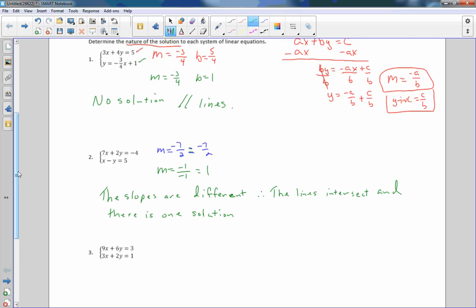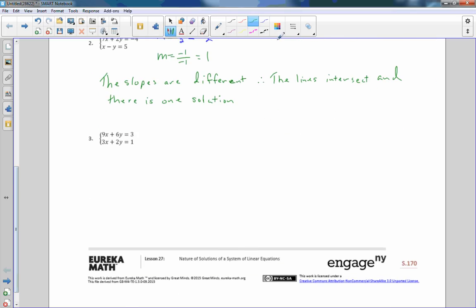Okay, next one. This one here. Both of these are in standard form, so I need to do negative a over b. Negative a is negative 9 over b, which is 6, which reduces to negative 3/2. The slope of the first one is negative 3/2.